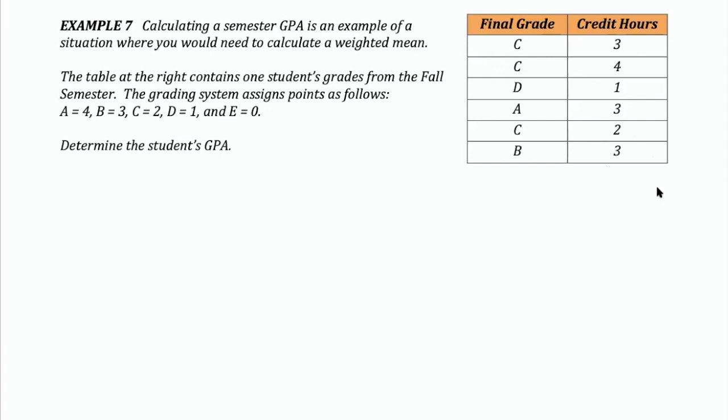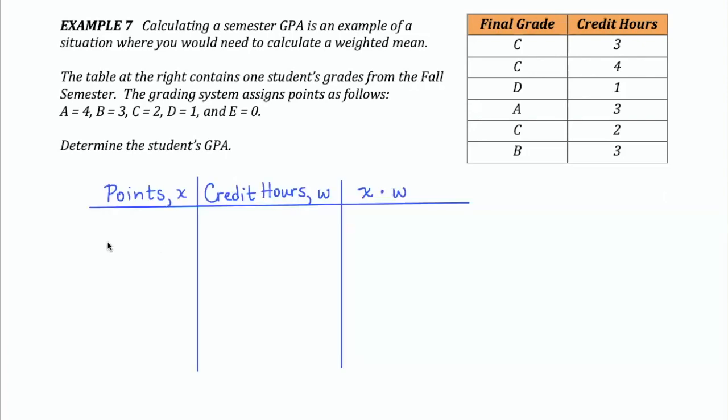The table at the right is one student's grades from the fall semester. The grading system assigns points as follows. An A is 4 points, a 4.0, B is 3, C is 2, D is 1, and Buff State uses E for a failing grade, which is no points. Determine the student's GPA. I've created a table where I have a column for the points.